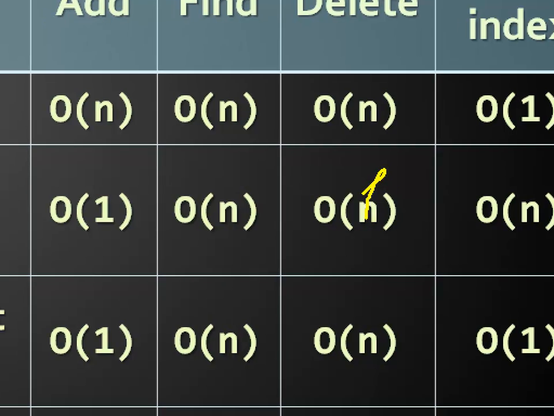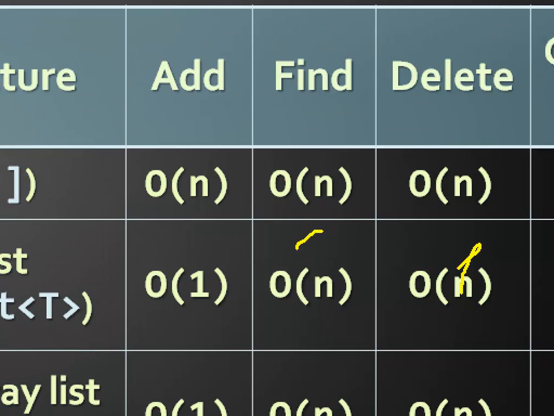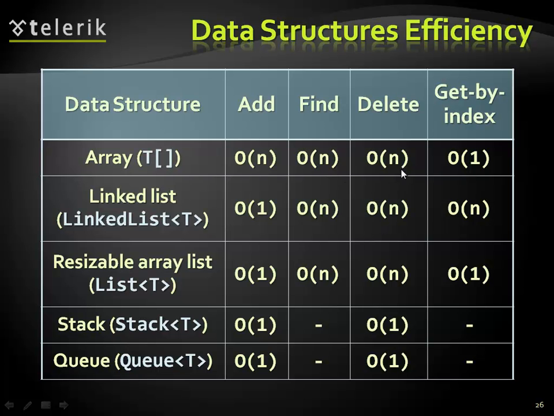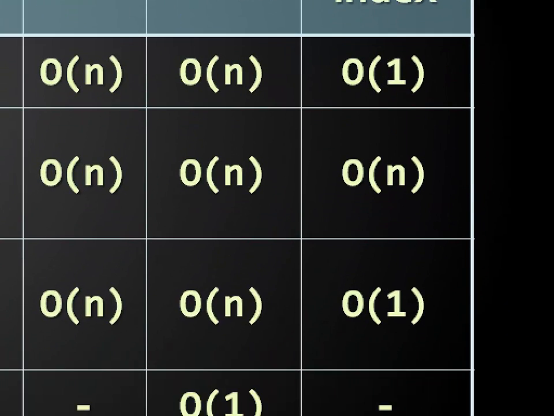But if you have to find it, well, it's basically O of n plus O of 1. And that's why the total is O of n, if you have to find it again. Getting by index, same thing. You have to go through all of the elements so you can reach that index. You have to count. Okay, this one is the first, this one is the second, third, etc.